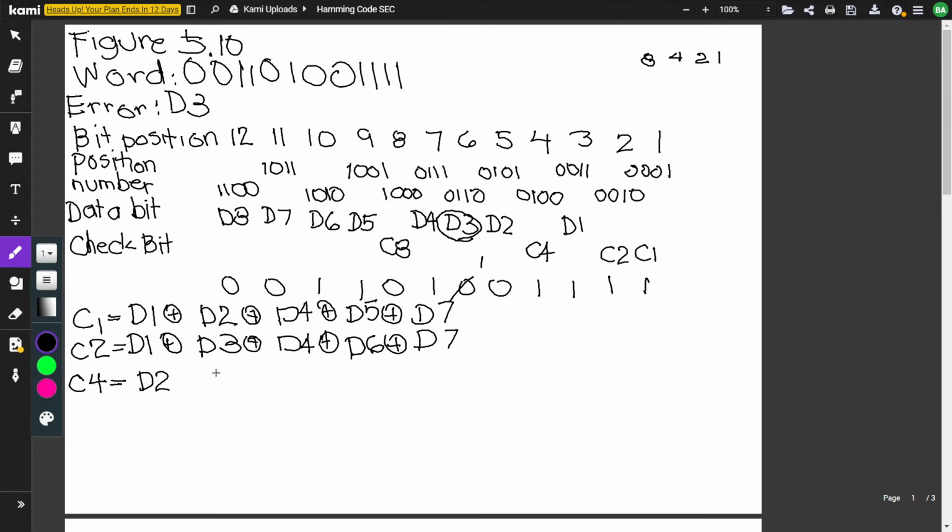And then is 7 also included? Yes, so let's include D4. And then do we have 4? It's a check bit. And 9 is not included. And then 10, then 11, then 12, we have D8. And then again, we have XOR.